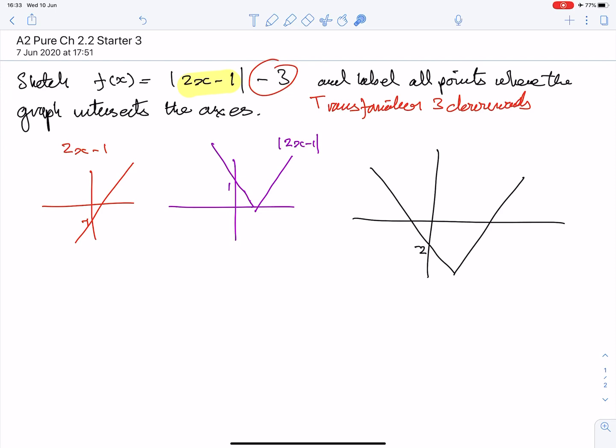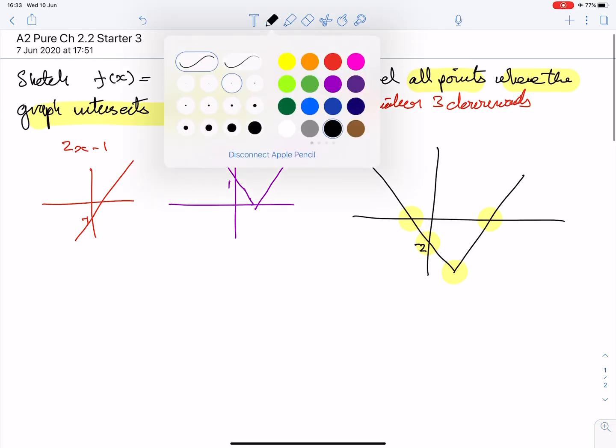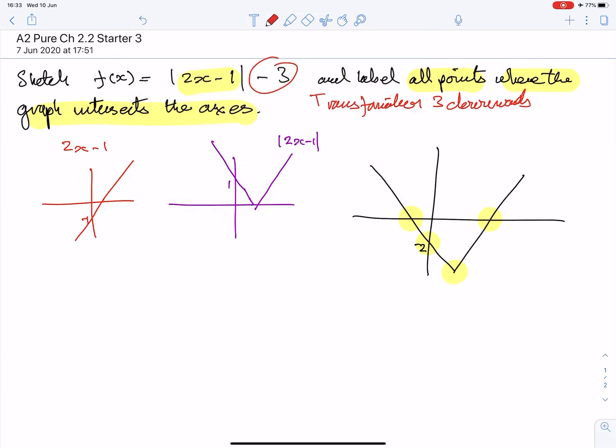Okay. What other points? The question says to label all the points where the graph intersects the axes. So I need that one, which I've already got, that one, and I probably ought to label the turning point as well, even though I didn't ask you to. The best way to find the turning point is probably to come back to this graph, because we know it's the point where it crosses the axis. So we can let 2x minus 1 equals 0, so x equals a half.